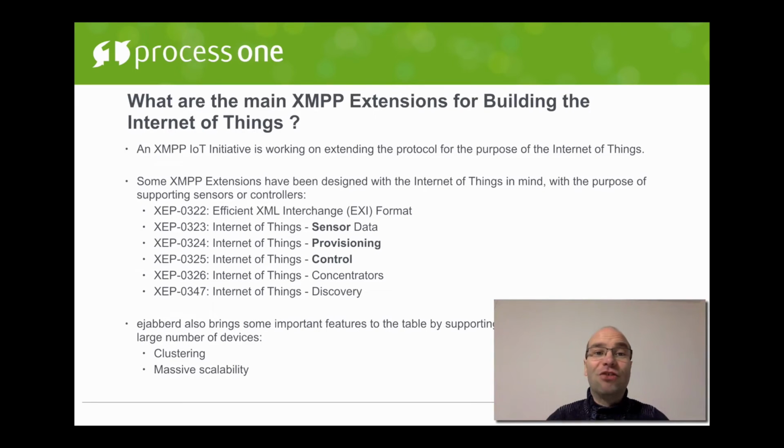So ejabberd is really a wonderful tool to build the Internet of Things. And this is something you will see more and more in the coming months, use cases and stories around XMPP and ejabberd being used for building the Internet of Things.